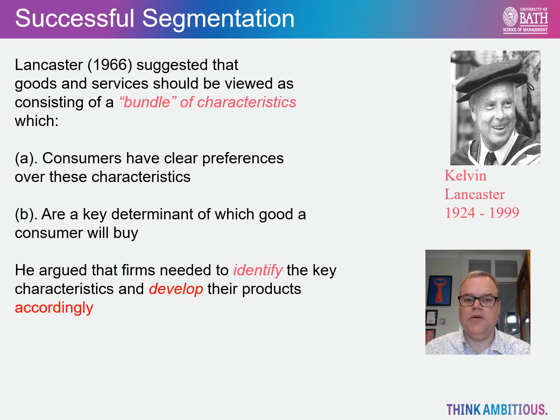Lancaster suggested goods and services should instead be viewed as consisting of a bundle of characteristics in which consumers have clear preferences, and these characteristics are a key determinant in the choice of goods a consumer will buy. Lancaster then argued that firms needed to identify the key characteristics and develop their products accordingly if they were to be successful in segmenting the market.